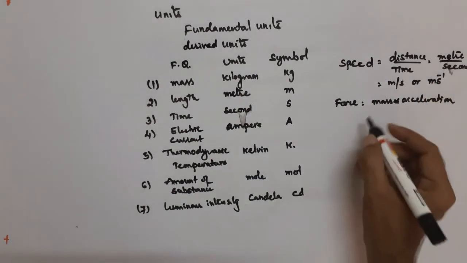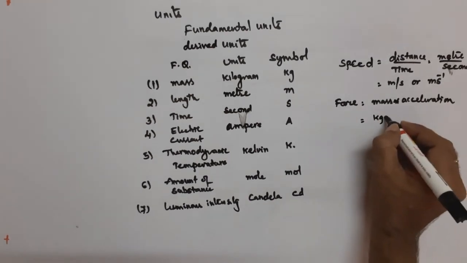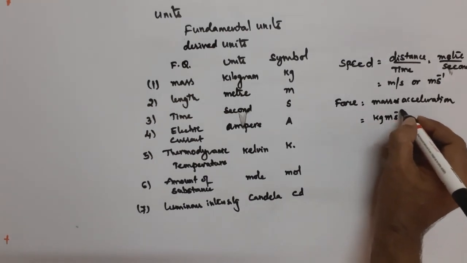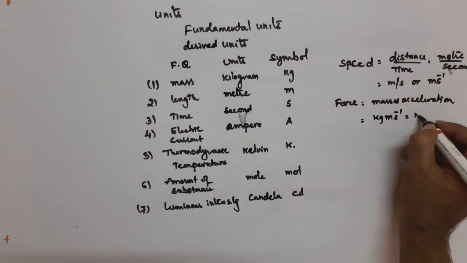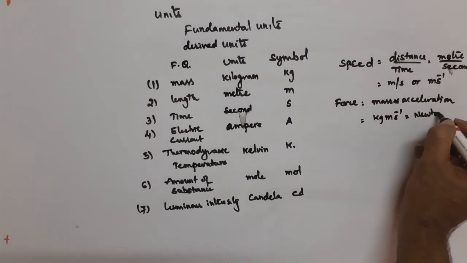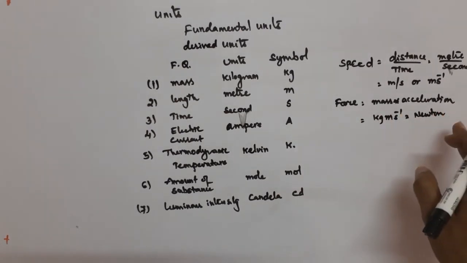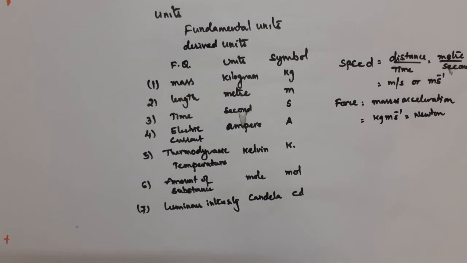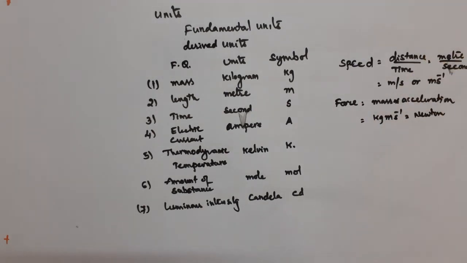So here mass is kg, and the acceleration is meter second to the power of minus 2. Or simply you can call it Newton. So this is the unit for the force, Newton. Likewise, we can write the units for the derived quantities.